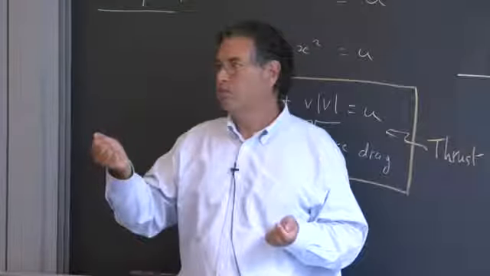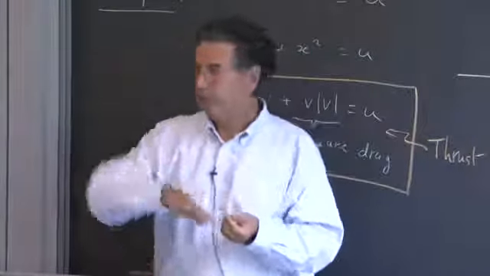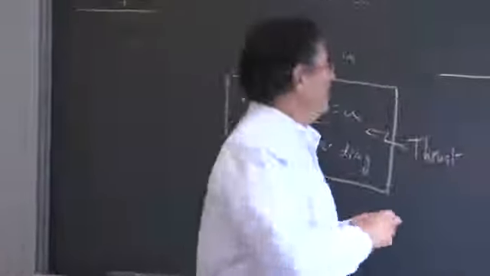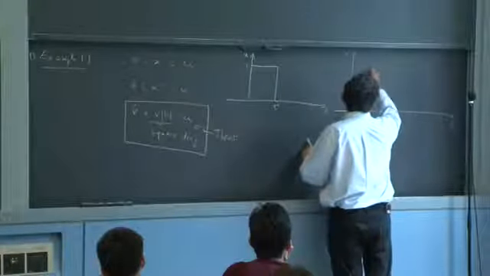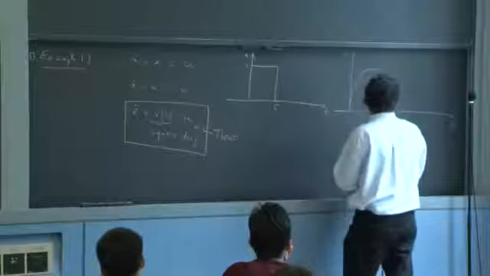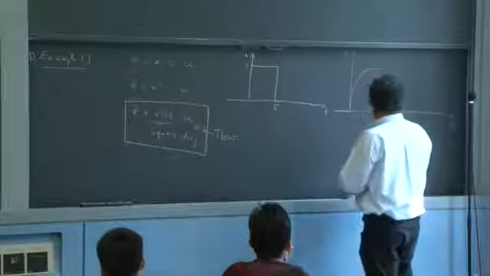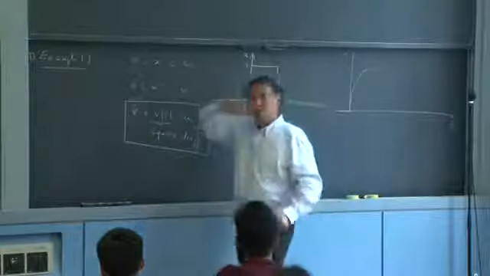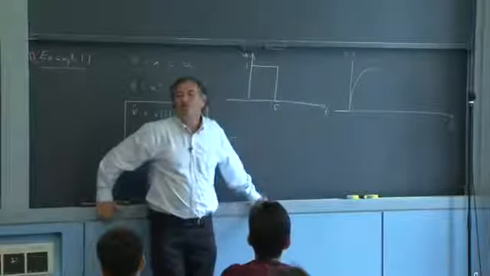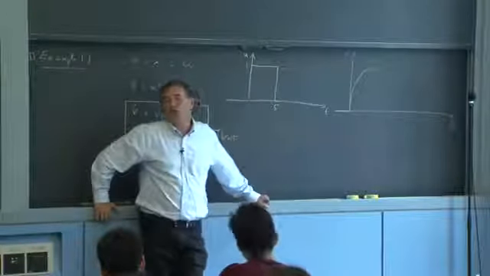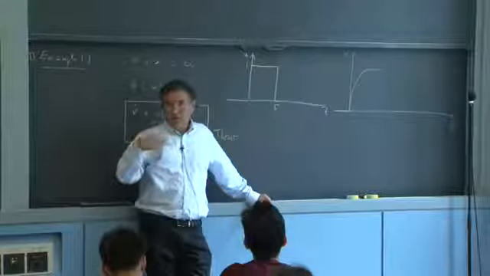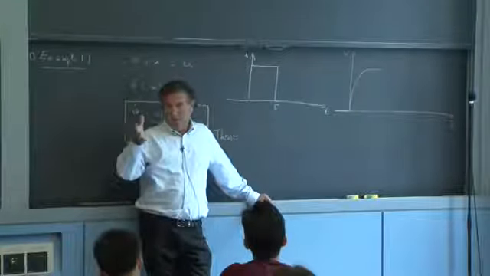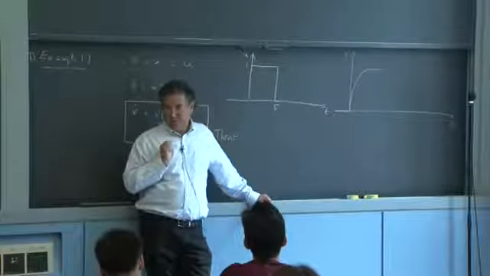What happens? Something like that, right? So it does something like this, and it tends towards a constant speed, where basically the square drag and this thrust exactly balance each other.